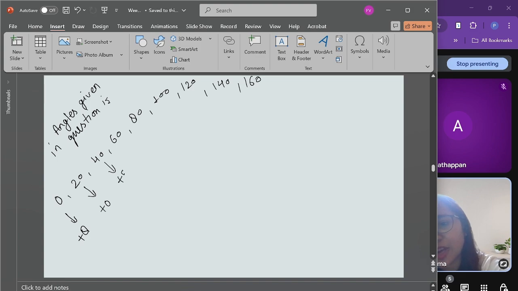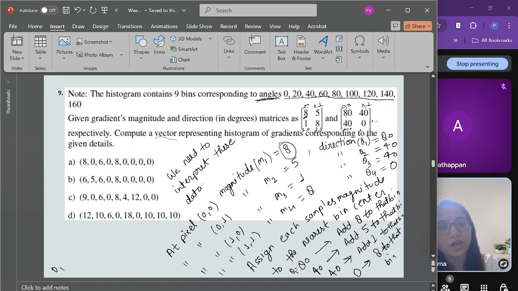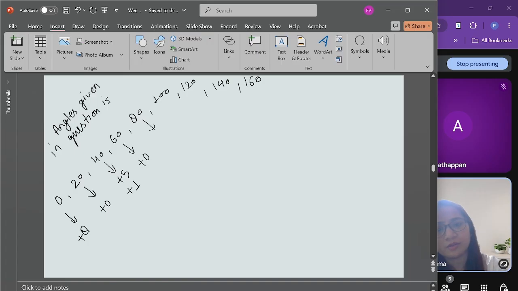Again no magnitudes are given here. For 80 it is given again, so we add 8 in that bin. And again no magnitude is given, so plus 0, plus 0 and plus 0 again.